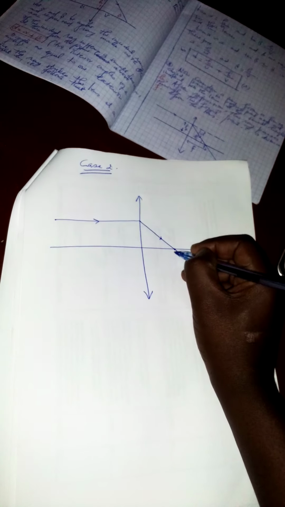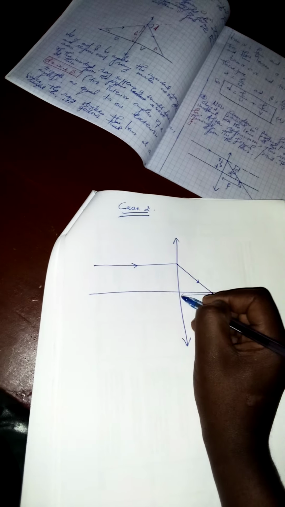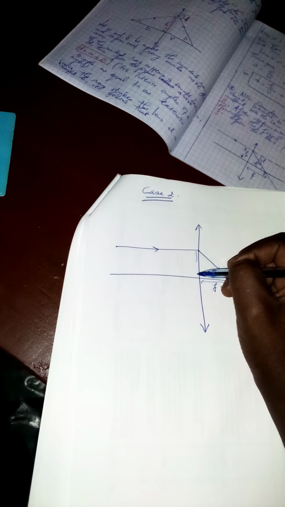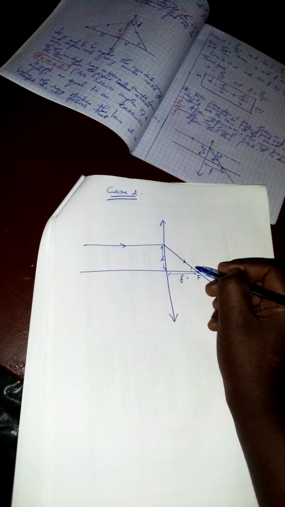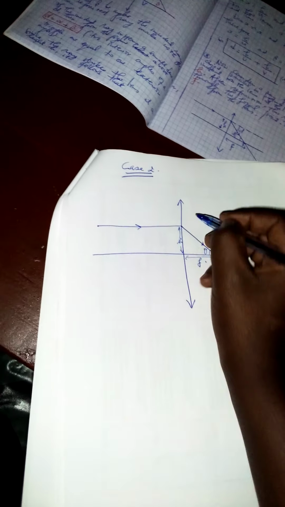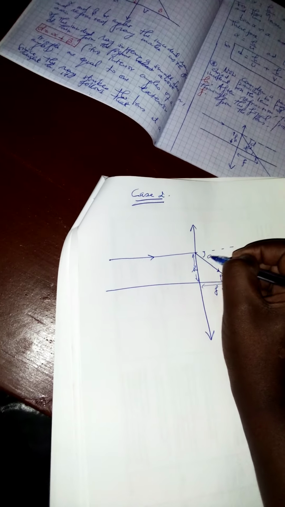So here it is the focal point. The distance from the focal point to the lens is called the focal length. So here also it makes the same height as the first case. Here also you have angle, let's call it phi, and here we have the deviation angle, which is the same as the first case.